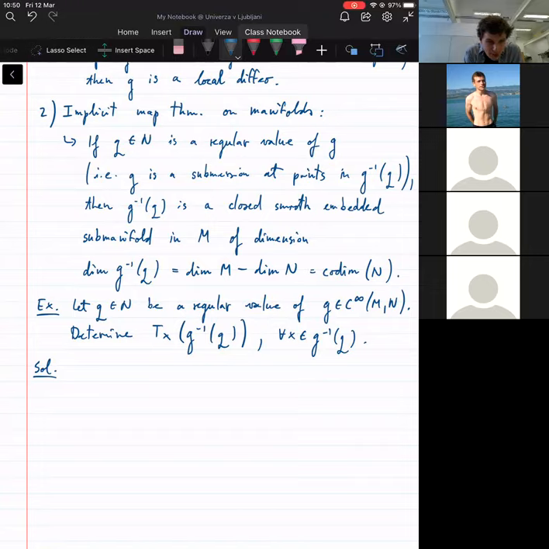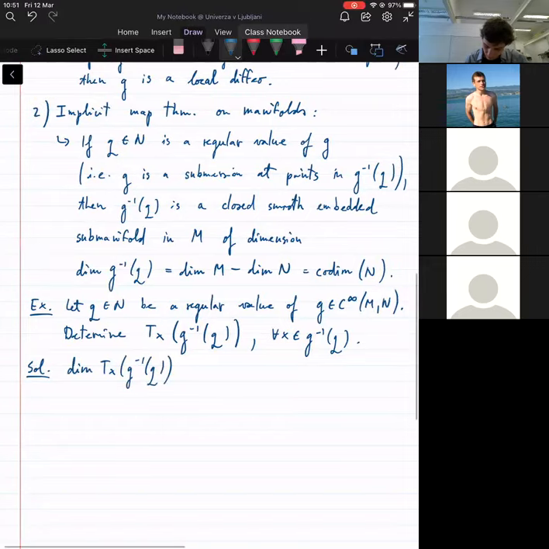Okay, but think in terms of dimensions. What is the dimension of this space? One less than the codimension of n. Why one less? Yeah, never mind, it's not one less.